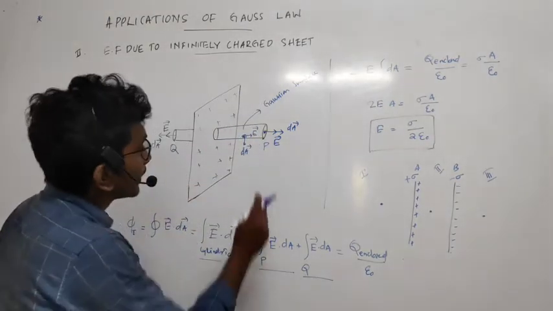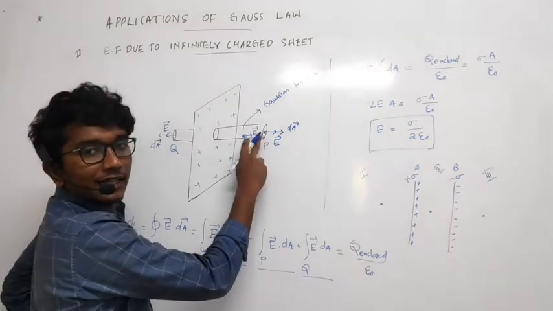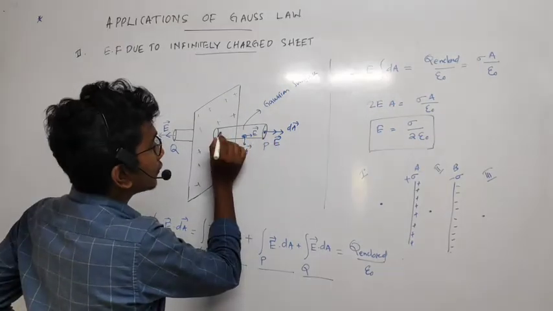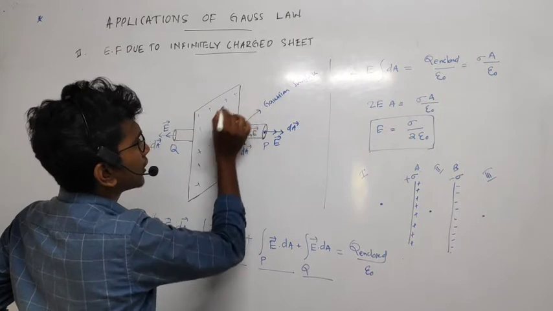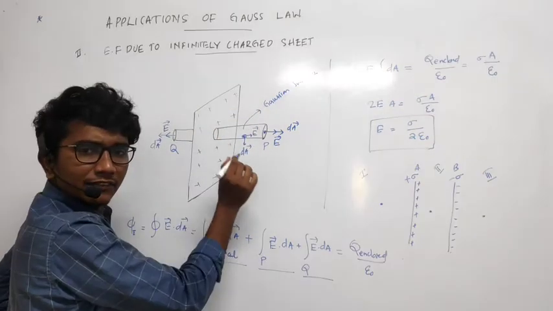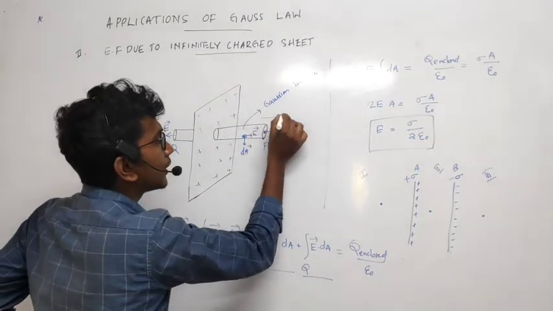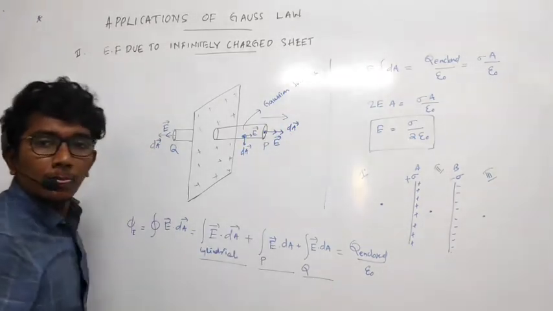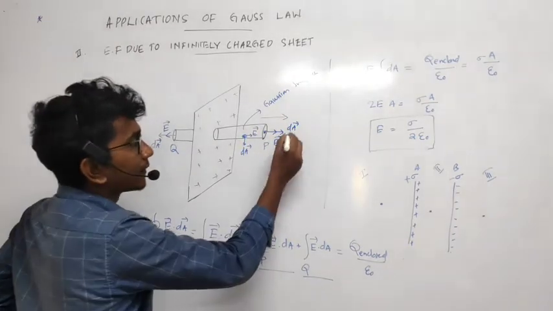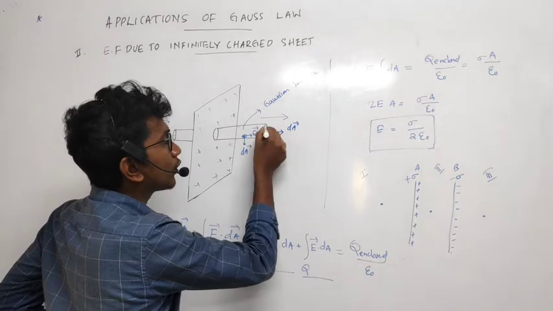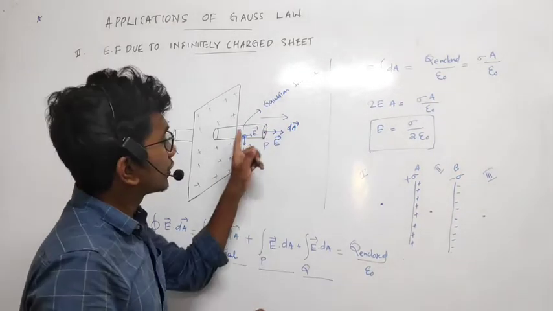Let's consider P. It's a positive sheet, so the direction of the field will be in this direction. The area vector direction is normal to that area, which is the same direction.